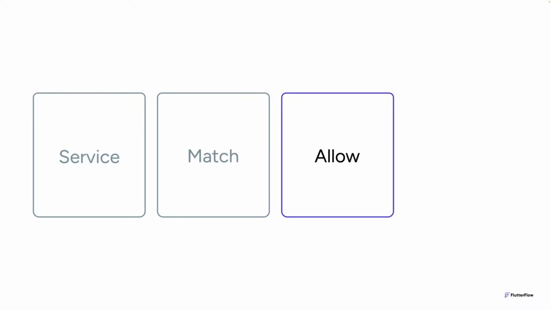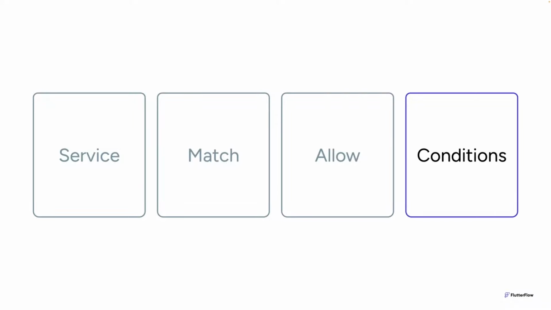The allow statement specifies the types of operation, read, write, create, update, delete, that are allowed for the match path. And then finally, you can define conditions that must be met for the allow statement to be true.